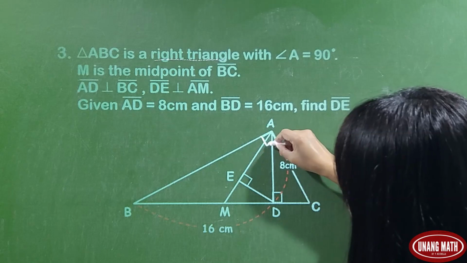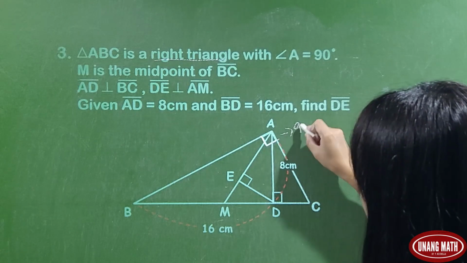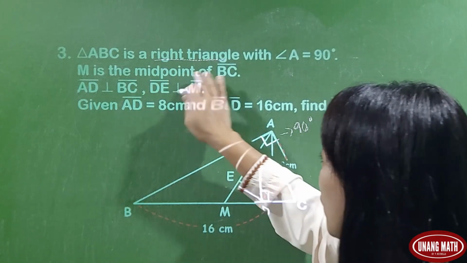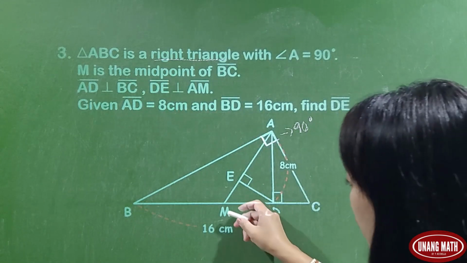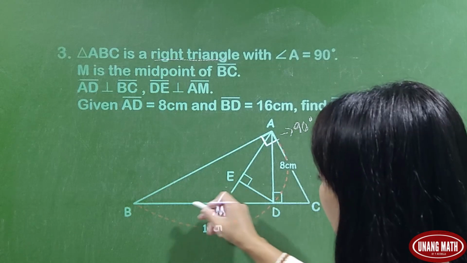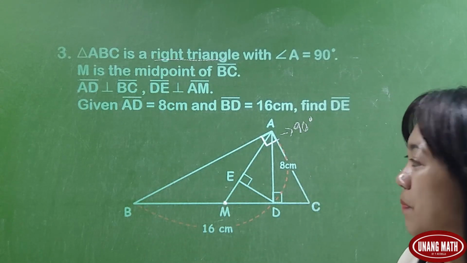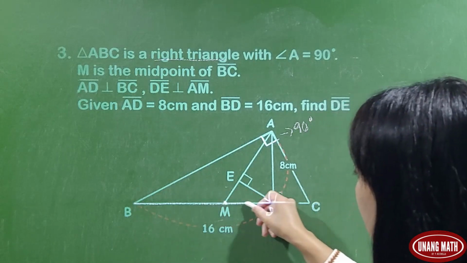So this refers to this angle, a right angle, 90 degrees. M is the midpoint of BC. So where's point M? This point. It's the midpoint of segment BC, or this segment.